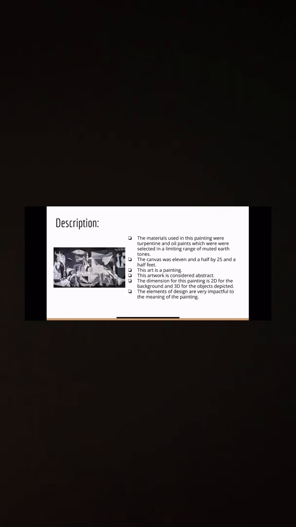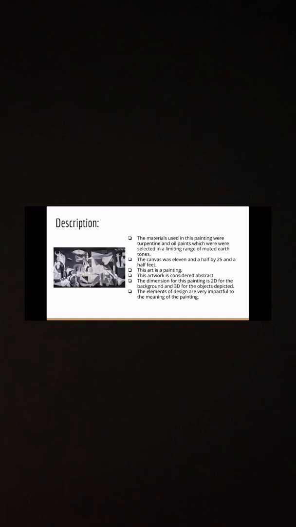Description Part 1. The materials used in this painting were turpentine and oil paints, which were selected in a limited range of muted earth tones. The canvas was an 11.5 by 25.5 feet long canvas. This art is a painting.